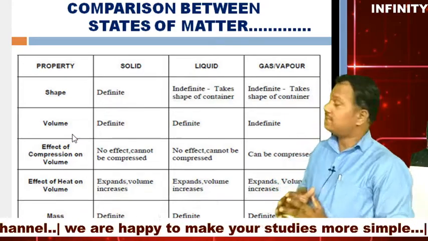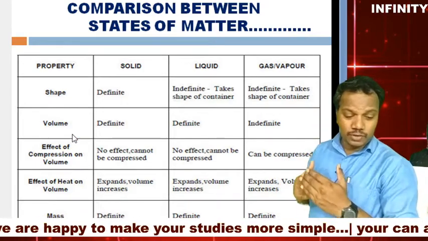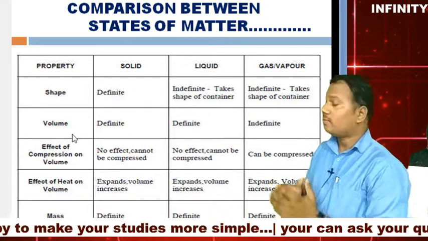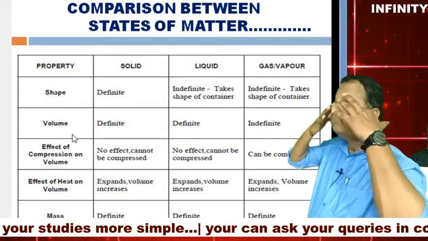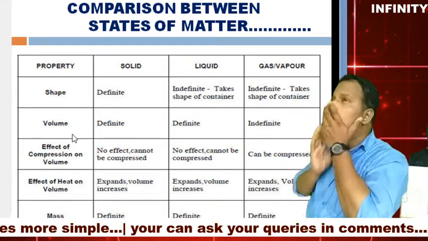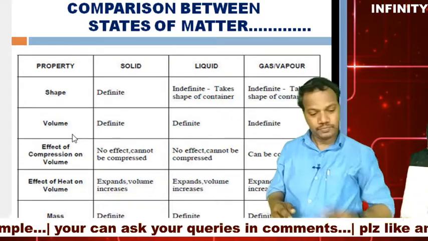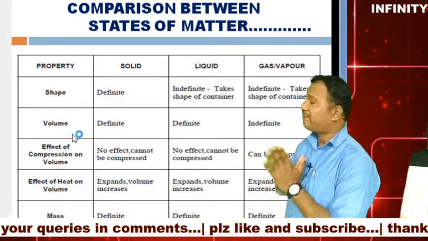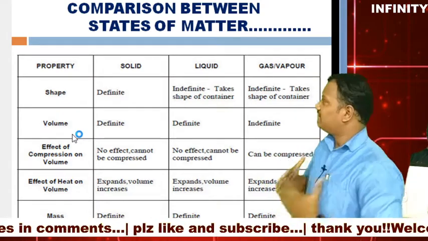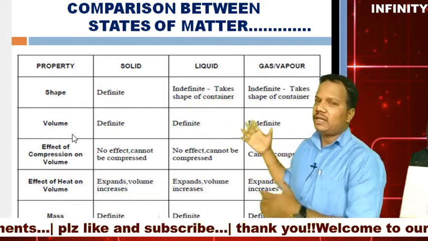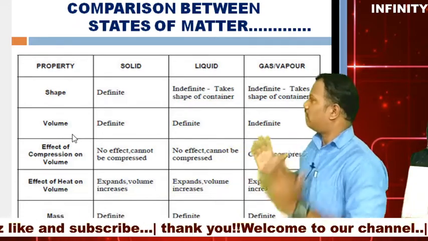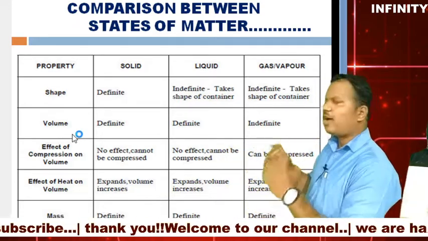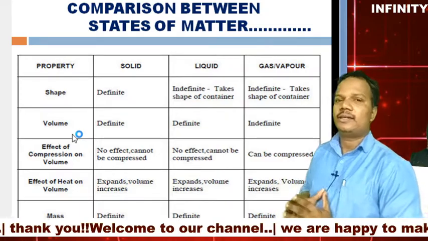Next property is effect of compression on the volume. As we can know, solids are negligibly compressible or not compressible, and therefore they are not much affected by the compression.